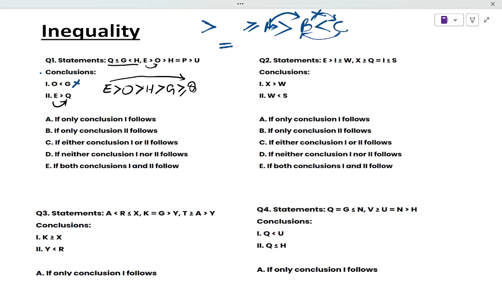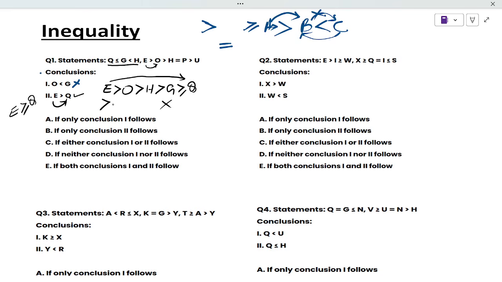Since the path is there, and there is a greater than and a greater or equal to, the question has greater than, which means this will be true. If it is greater than, the path will be complete, and at least one greater than has to be there. If the conclusion were E is greater or equal to Q, it would be possible.